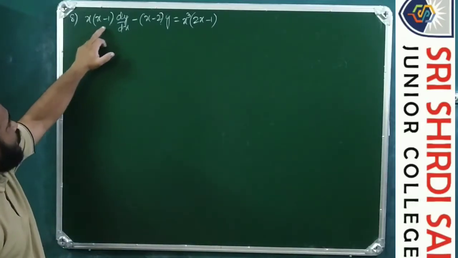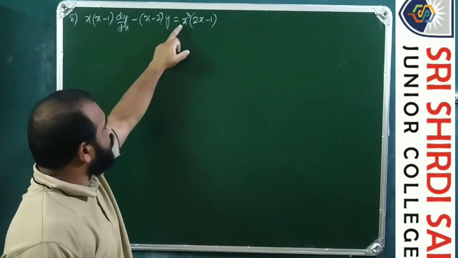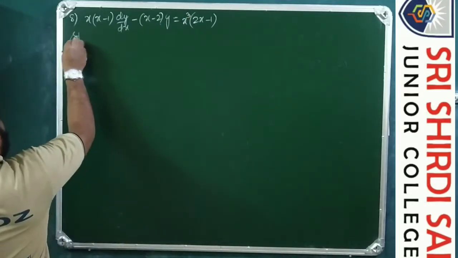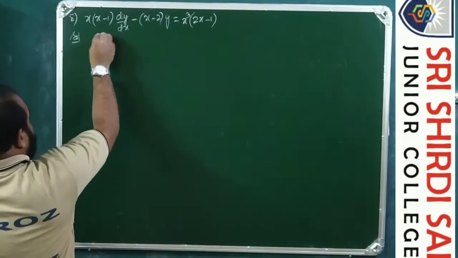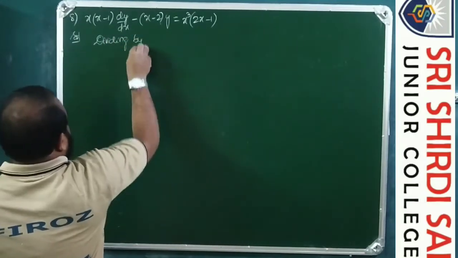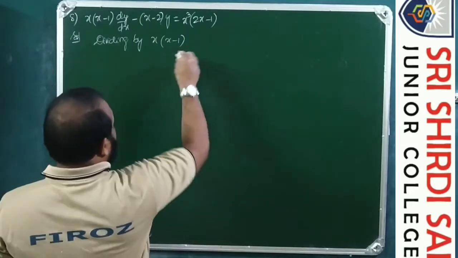x into x minus 1 dy by dx minus x minus 2 times y equals to x cube into 2x minus 1. So let us divide by x into x minus 1 throughout the equation.